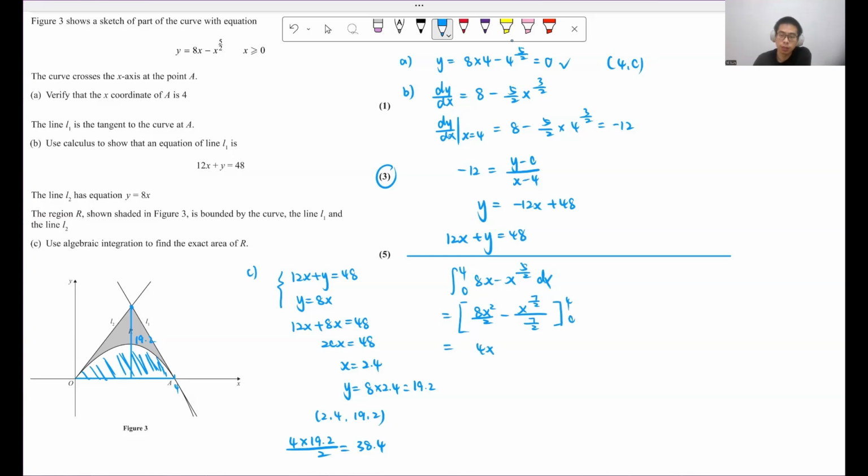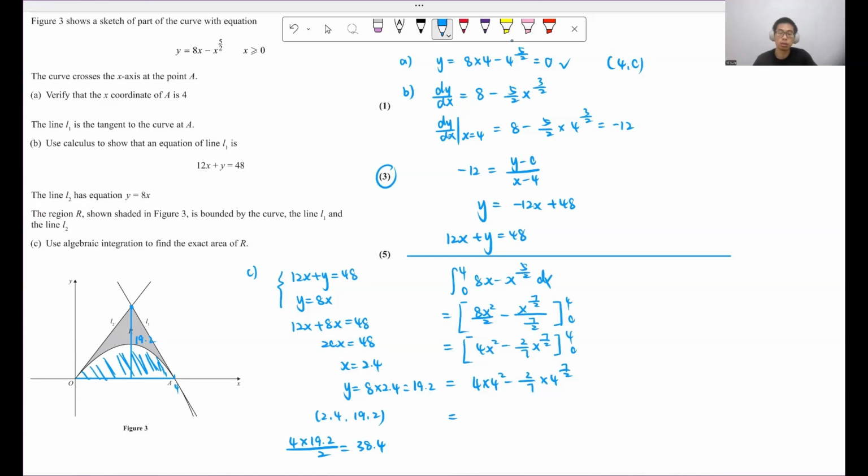So then 4x squared minus 2 over 7 x to the power 7 over 2, between 4 and 0. So put in 4 times 4 squared minus 2 over 7 times 4 to the power 7 over 2. And if we substitute in 0, it's just 0. Now I'll put it in the calculator. 4 times 4 squared minus 2 over 7 times 4 to the power 7 over 2.